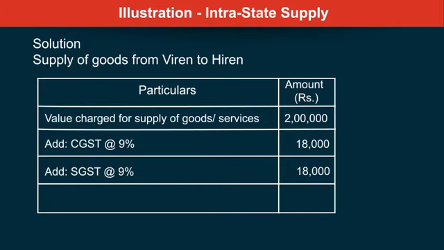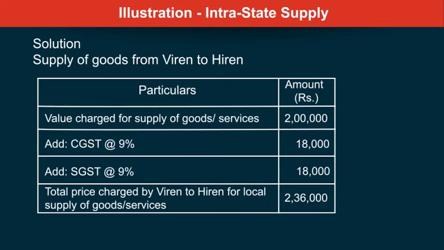So on goods worth rupees 2 lakh, you will charge CGST of 2 lakh into 9%, which is 18,000, and SGST at the same rate, 2 lakh into 9%, that is 18,000. The total bill amount will be 2 lakh 36,000.